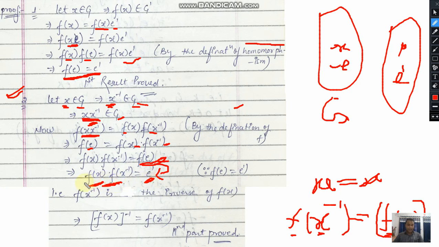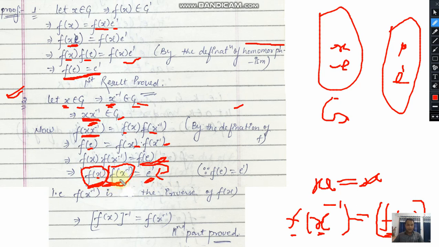We can notice that f(x) is an element of G', because x is an element of G, and f(x) is the mapping of this element, and the mapping is also available in G'. So individually f(x) is an element of G', and similarly f(x inverse) is an element of G'. These are two elements and their product is equivalent to identity.